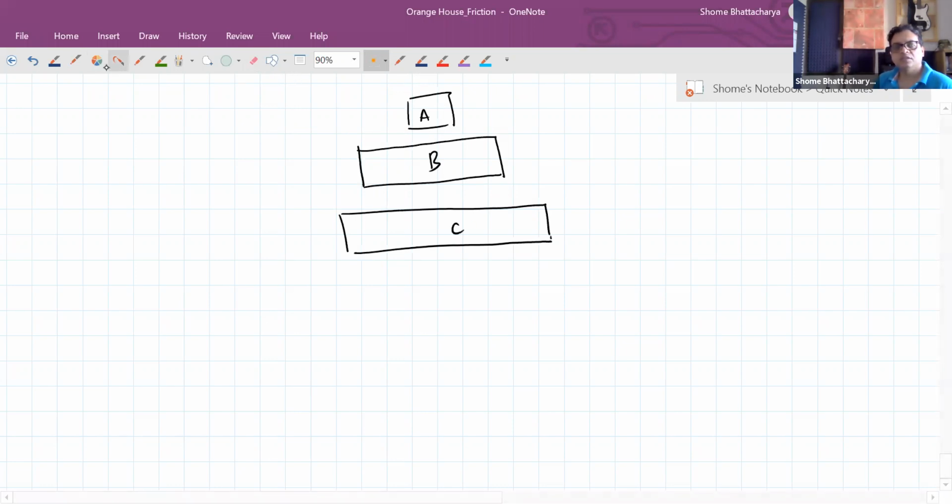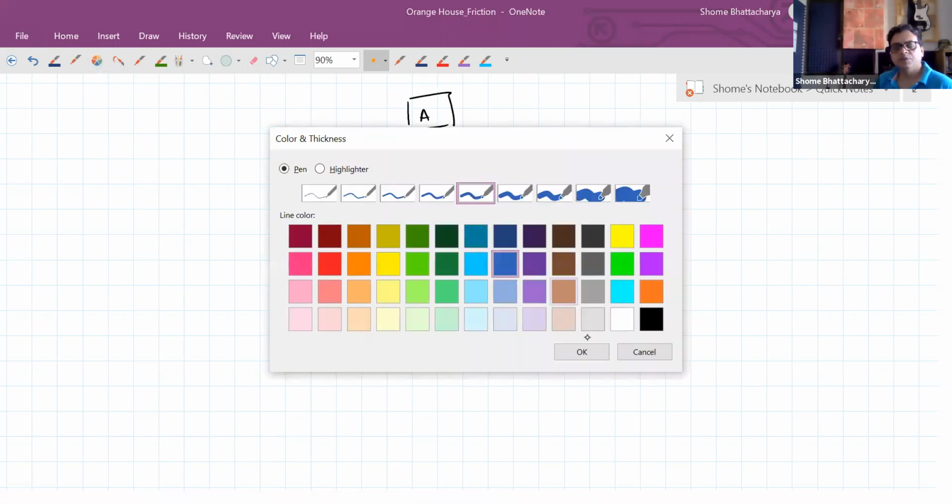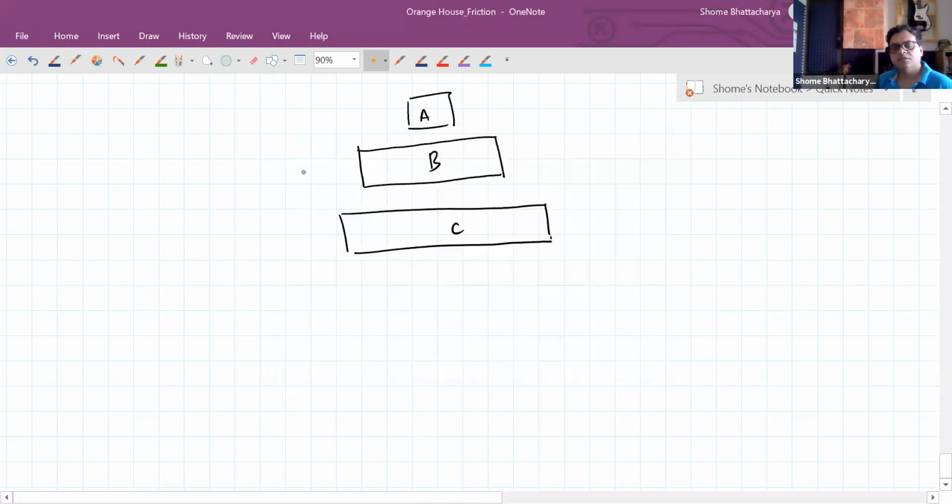So the moment we apply horizontal force, let's say like this on B, B has a tendency to slip forward. So the friction on it applied by A is backwards, and the friction on it applied by C is also backwards. Whereas the friction acting on A will be forwards, the friction acting on C will be forwards.